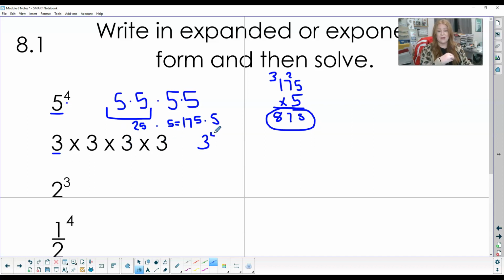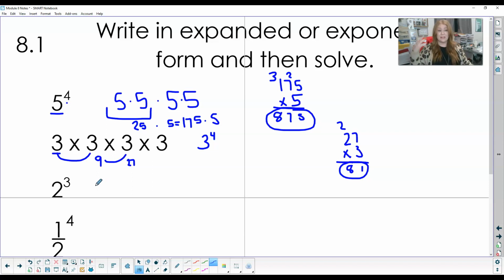We used that 4 times. If I solve this, 3 times 3 is 9. 9 times 3 is 27. And then 27 times 3 is 81. So 3 to the 4th power is 81.